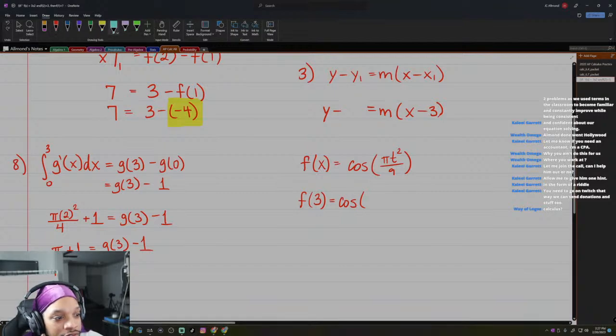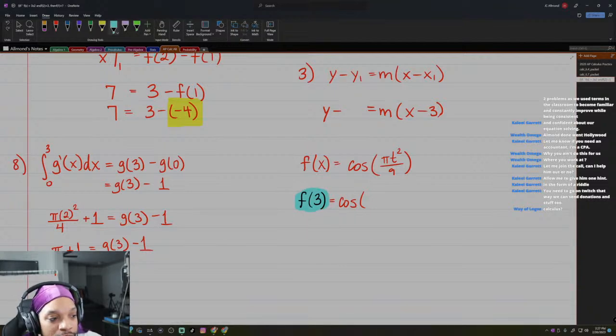So f of 3 is my y1, that's my y whenever x is 3. In my function, wherever I see a t, I'm going to put a 3 instead. And so that 3 squared becomes a 9, which cancels out with the 9 on the bottom. So we're just left with cosine of pi, which according to the unit circle is -1. So that's our y1.